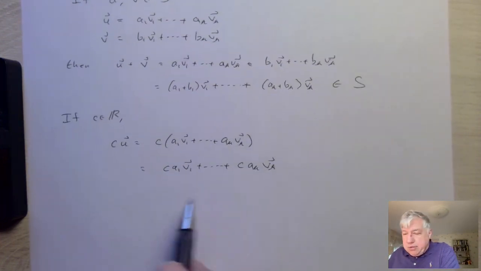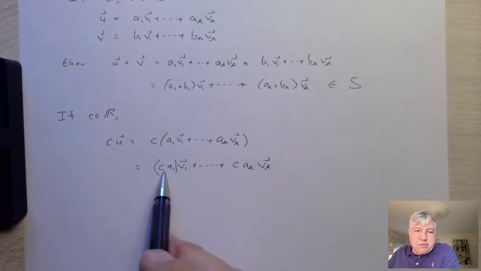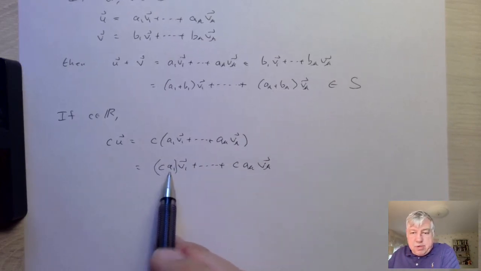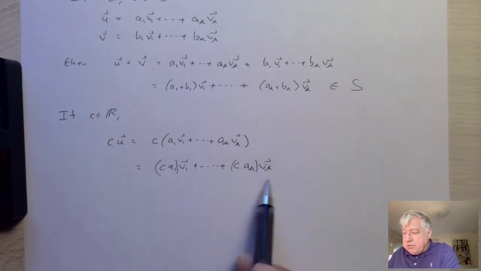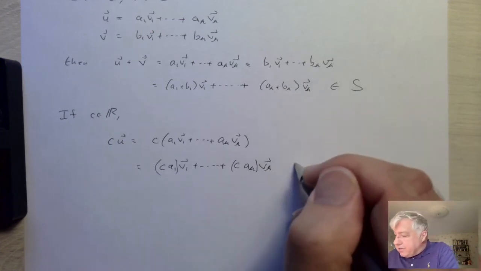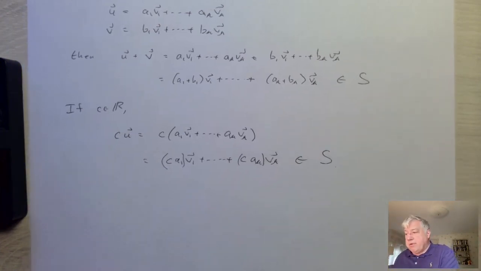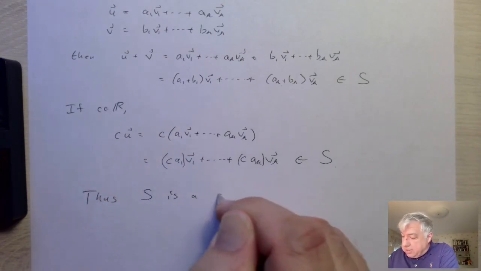And this is another linear combination of the v's because remember c and a1, we can multiply them there. This is a real number, and c ak is a real number, and all these other products are real numbers, right? So we'll still get a linear combination of the v's. So this will be in S. So thus S is a subspace.